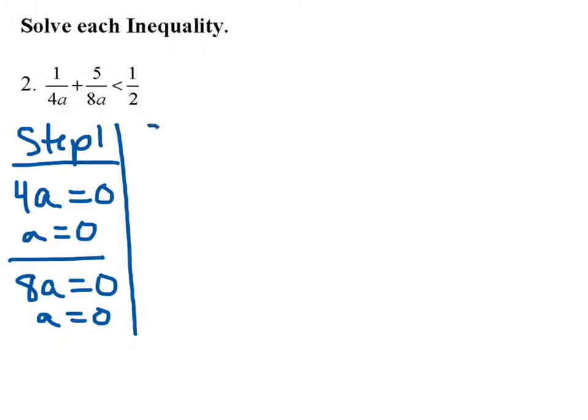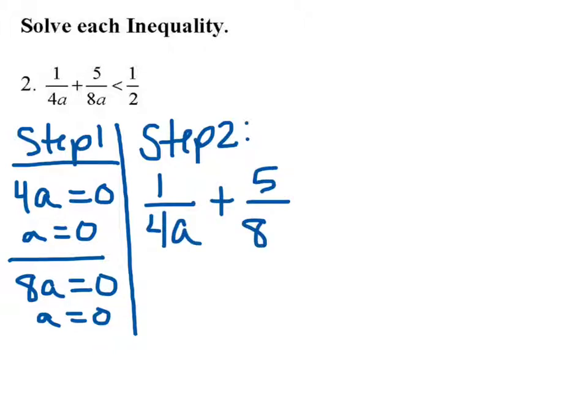Remember, step 2 is to solve the related equation by replacing my inequality symbol with an equal sign. So I end up with 1 over 4a plus 5 over 8a is equal to 1/2. Now, we have a rational equation similar to ones that we've been doing recently.